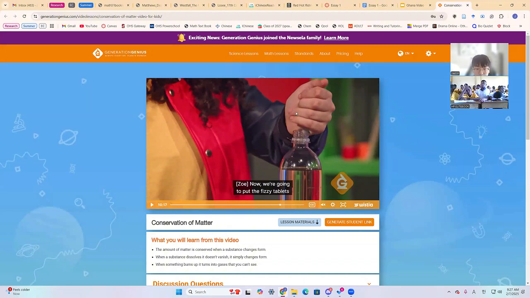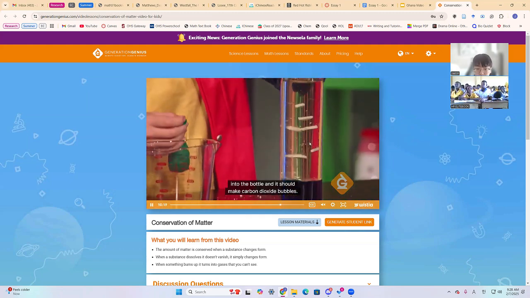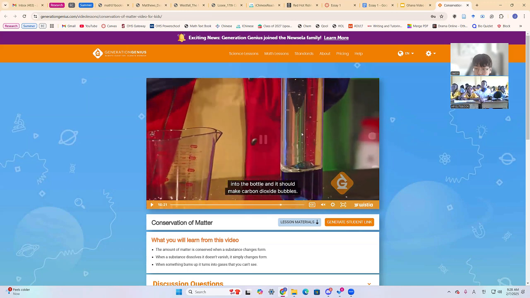So what this person, Zoe, added to the water and the oil mixture, it's a fizzy tablet. So basically, look at her pouring the fizzy tablets into the oil and into the water.